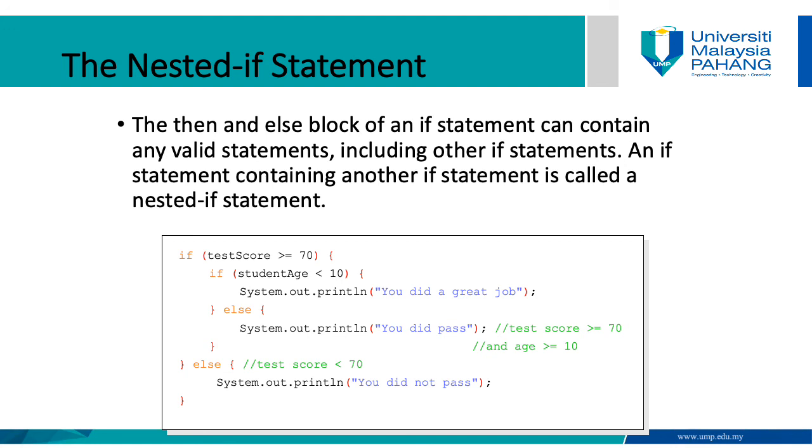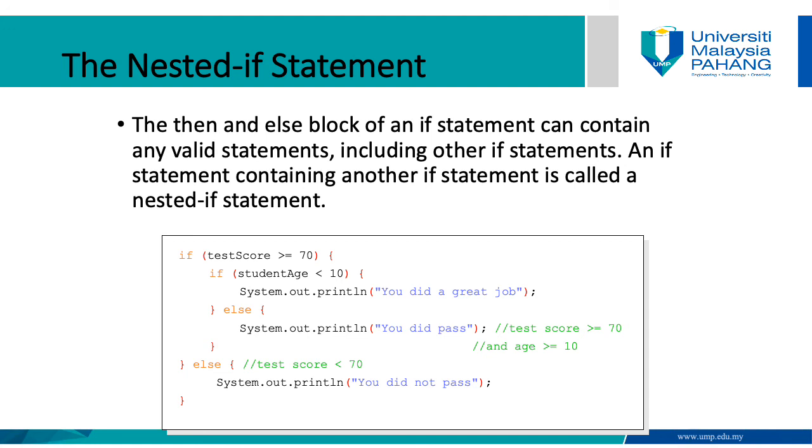So let's look at the example here. We have an if else statement. If test score is greater than or equal to 70, and then we have another specific condition in this: if student age is less than 10, you print you did a great job, else you did pass.